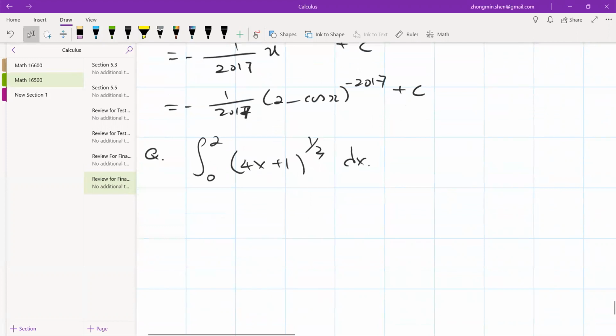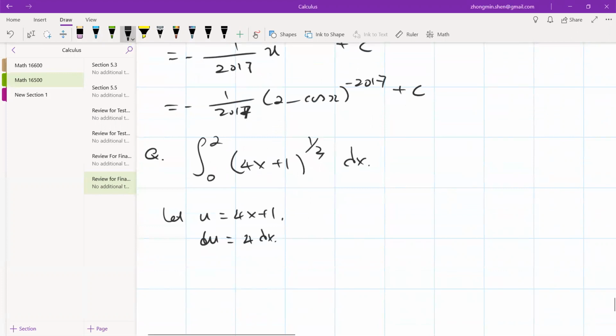So clearly you still have to use a substitution. You let u be 4x plus 1, and du equals 4 dx.